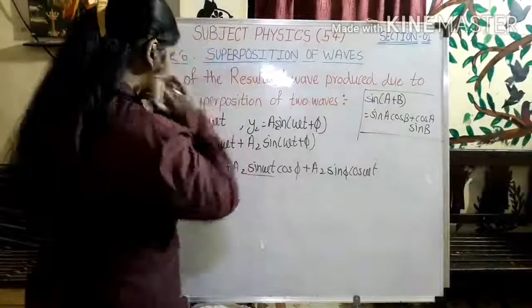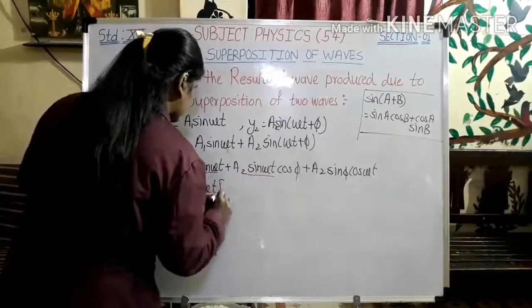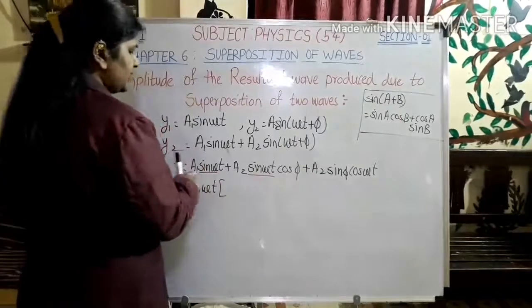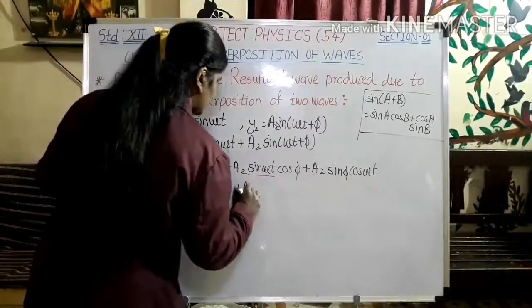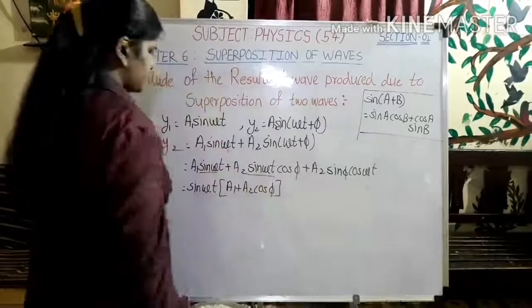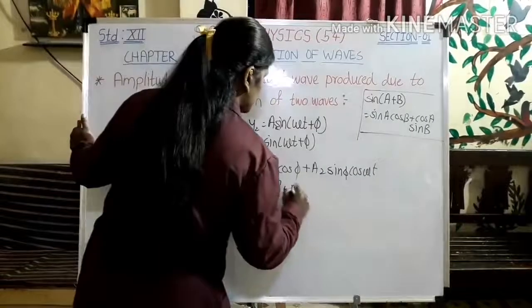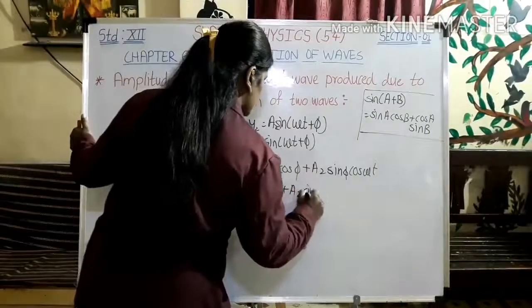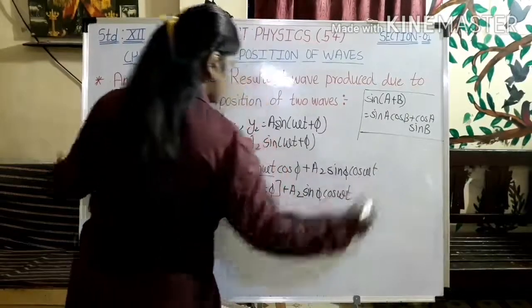So I can write the common term outside the bracket and write whatever remains in the bracket. What will remain? a1 will remain, and here a2 cos phi. This will be as it is, plus a2 sin phi cos omega t.